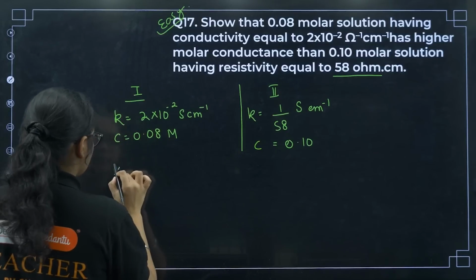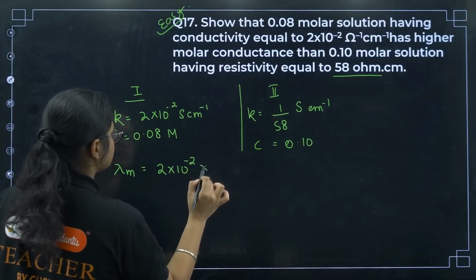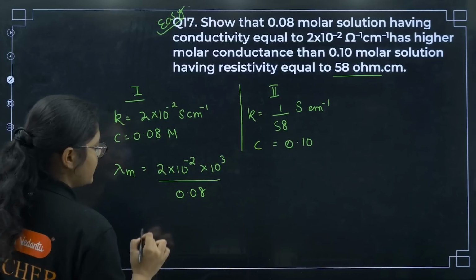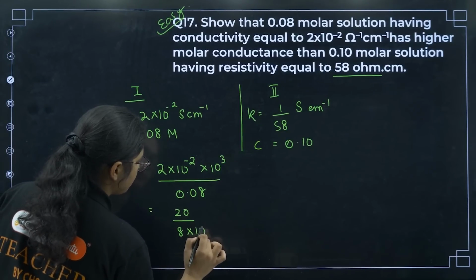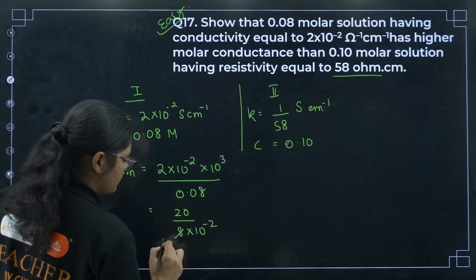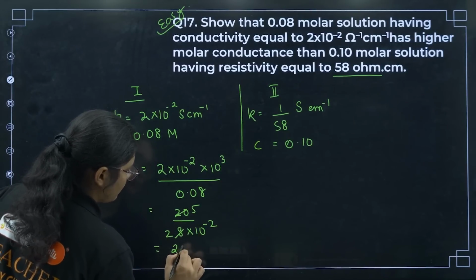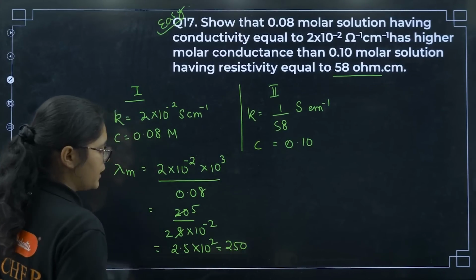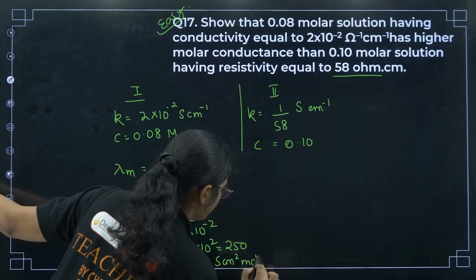So if I calculate molar conductivity here, it will be 2 into 10 to the power of minus 2 kappa into 1000 by 0.08. So it will become 20 by 8 into 10 to the power of 2. If I solve this, 4 2s are 8, 4 5s are 20, 5 by 2 is 2.5 into 10 to the power of 2, or I can write 250 S centimeter square mole inverse.